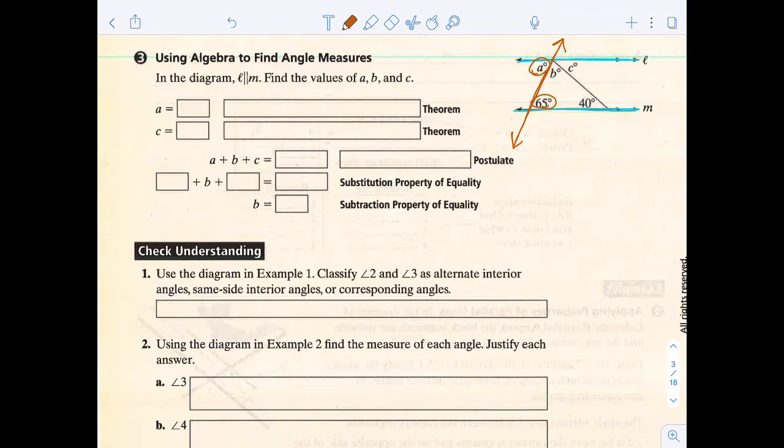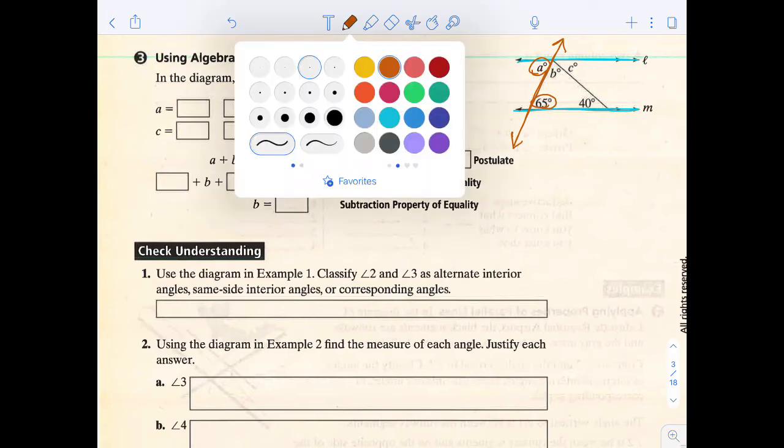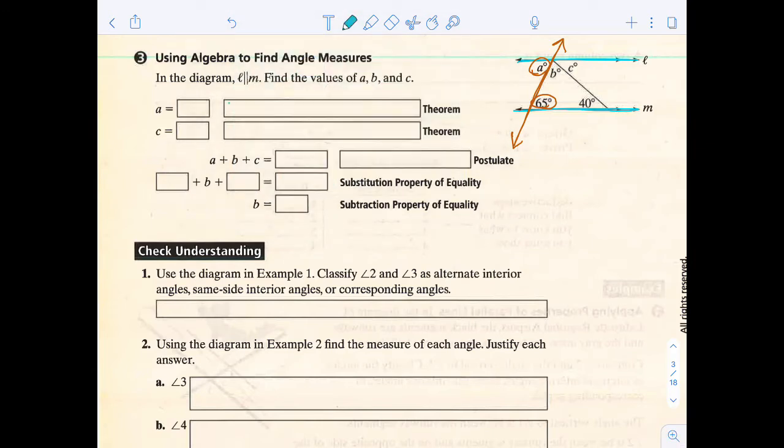They're both inside the parallel lines on opposite sides of the transversal, so those are alternate interior angles. And the alternate interior angles theorem says that those two angles are congruent, so angle A is 65 degrees.